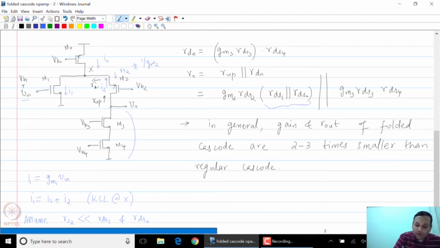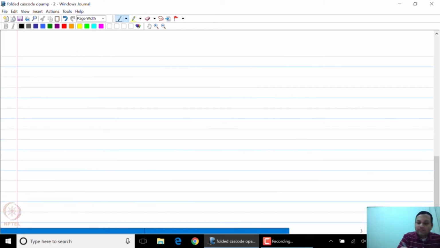So there are three paths for the current to flow at node X. One of them is the output impedance of transistor M1. The other is the output impedance of transistor M0, and the third path is through the source of M2 itself. So we will assume this is true, and therefore we assume that the circuit has been designed such that all of I1 flows through M2.